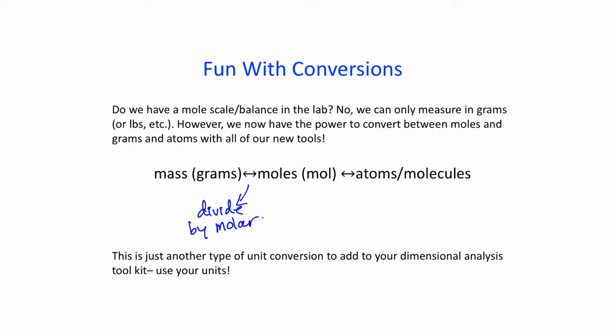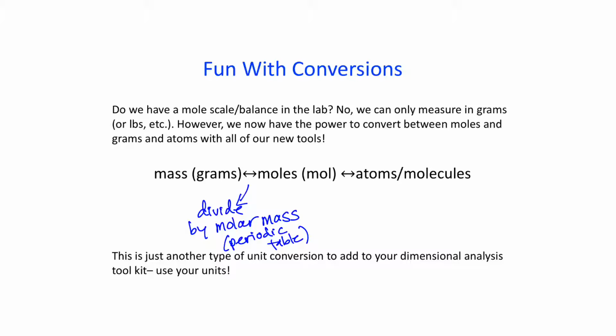Remember, this is information that is readily available to you just by having a periodic table handy. So just keep that periodic table handy and you can do that conversion. And we also have the power to go from moles, this is the shortened abbreviation for mole that you'll become familiar with, to atoms or molecules.